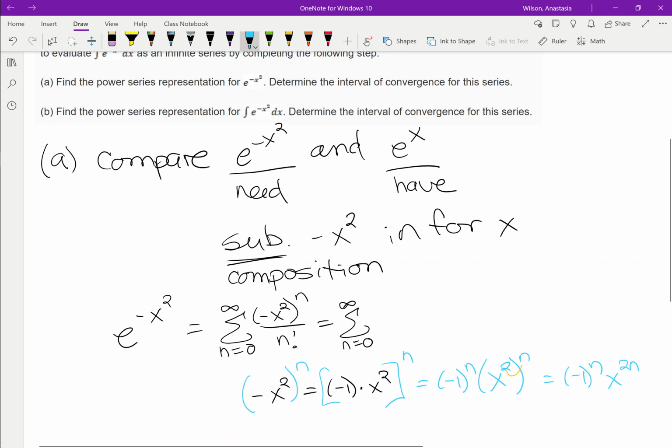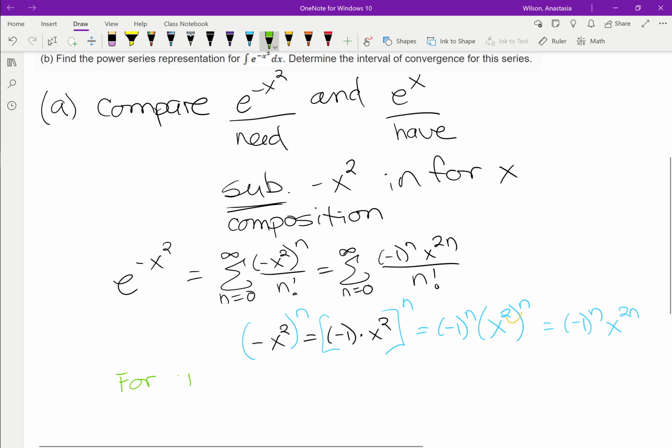So that is how we're going to rewrite our numerator. We'll have a -1 to the n, x to the 2n, and our denominator, n factorial, will stay the same. So this is our power series, but we also need to find the interval of convergence.